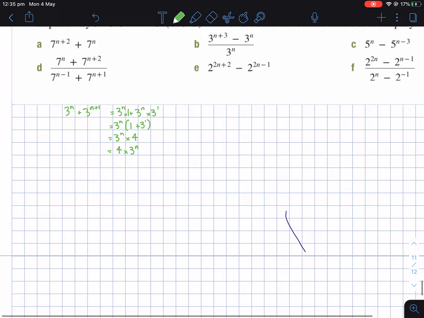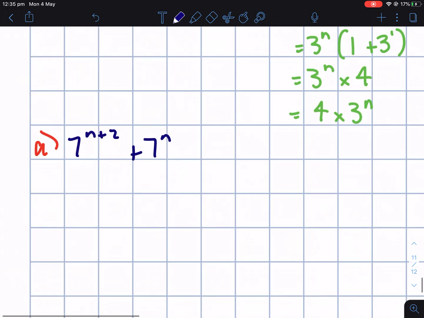We're going to do something similar with all these questions. So for A, we've got 7 to the n plus 2 plus 7 to the n. And I'm going to take 7 to the n out the front. So I'm left with 7 to the, I'm just left with the 2. And I'm left with essentially nothing. Every time I'm left with nothing, I do a 1.